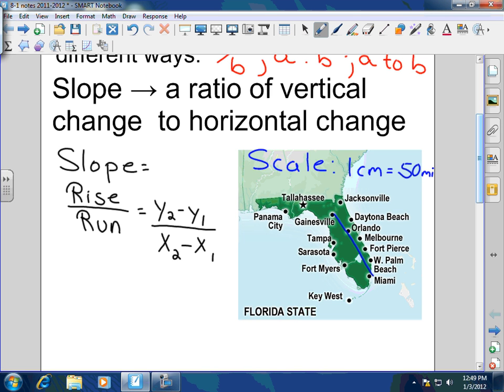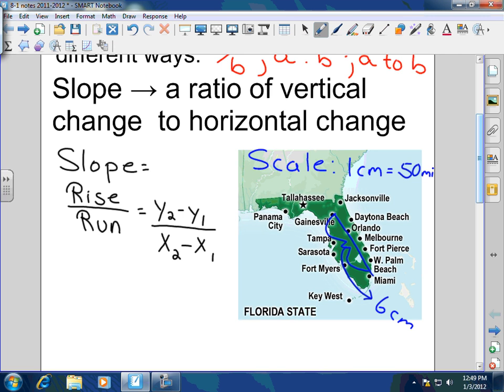That's random. If we measured from Gainesville to Miami, let's say for argument's sake that it was 6 centimeters long. If I wanted to find the total distance, I set up what's called a proportion.